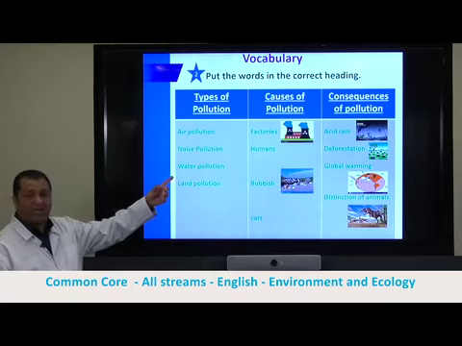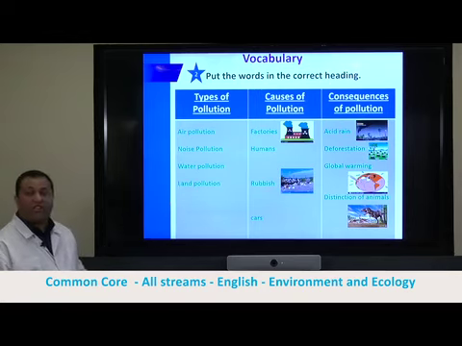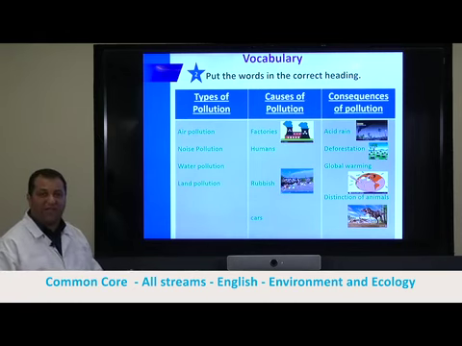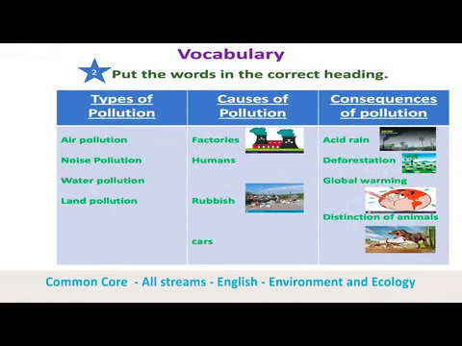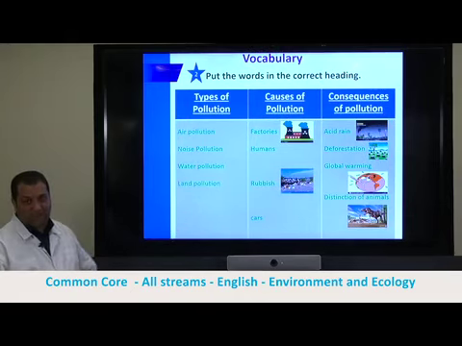The photo is in front of you. Deforestation is the fact of cutting trees. Global warming, the phenomenon that we have talked about in detail during the presentation of the unit. Extinction of animals, like dinosaurs, for example.